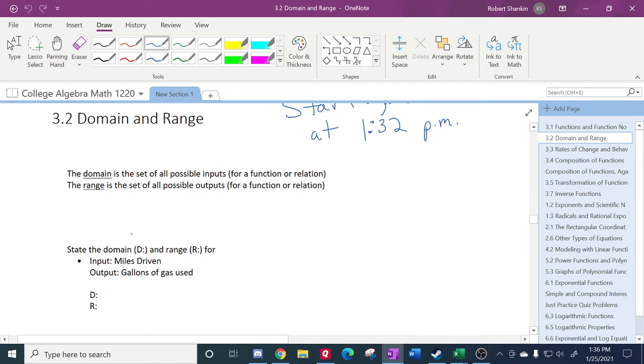And all the inputs are going to be the number of miles that are driven. Okay, so you're on the right track. But we need to get it even more specific. By more specific, I mean like what kind of numbers are allowed. Is like -3 allowed as an input here? Or is 5 allowed? Is 2.3 allowed?